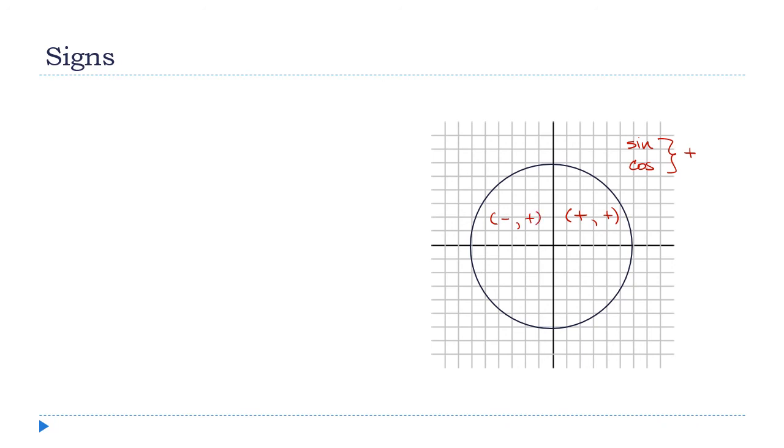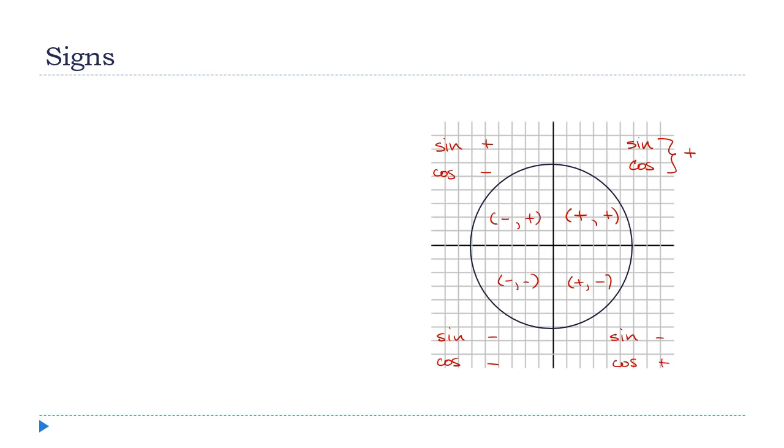So over here, the sines are still positive, and the cosines, on the other hand, are negative. In the third quadrant, both coordinates are negative, so both the sine and cosine will be negative. And then finally, in the fourth quadrant, the x's are positive here, the y's are negative, so the sines are negative and the cosines are positive.